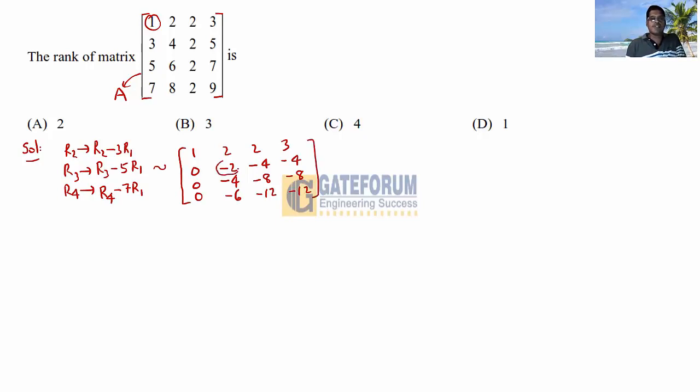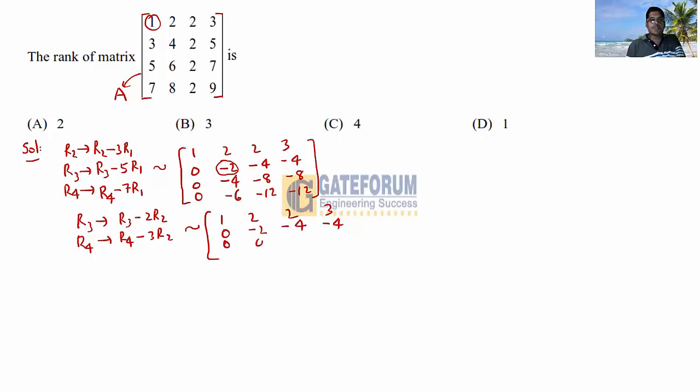Now this is the next diagonal element. Next, make the down elements zeros. Applying R3 changes to R3 minus 2R2, and R4 changes to R4 minus 3R2, we get an equivalent new 4x4 matrix, for which R1 and R2 remain the same: 1, 2, 2, 3; 0, minus 2, minus 4, minus 4.